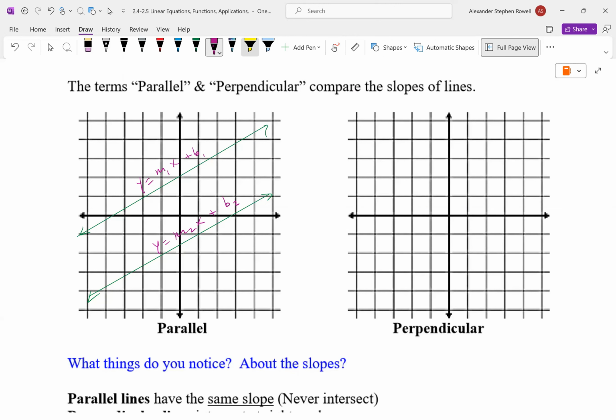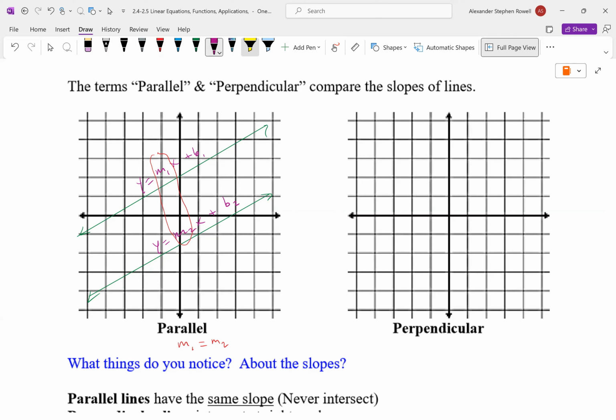M1, M2, B1, B2 represent slopes and y-intercepts of different lines. Parallel lines have the same rate of change. That is, M1 is equal to M2. We'll want to memorize that. Parallel lines have the same slope.